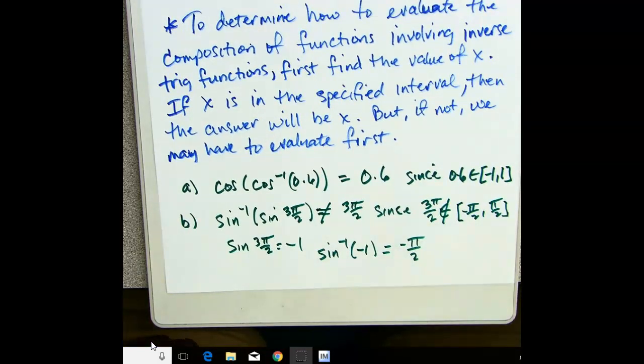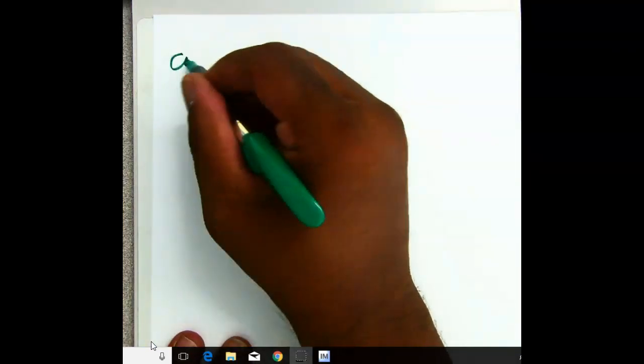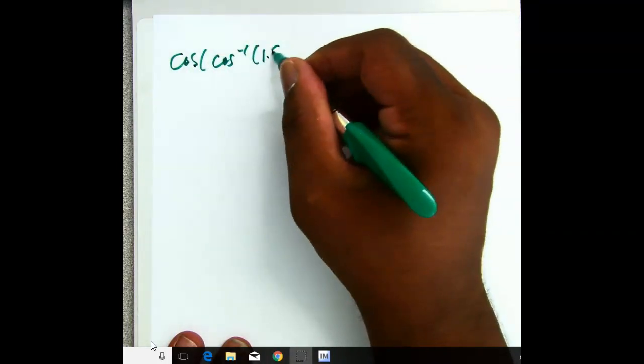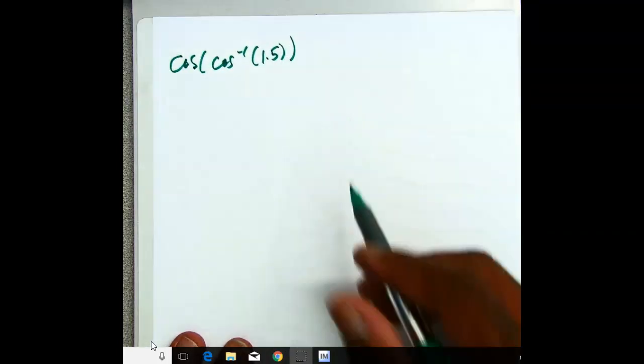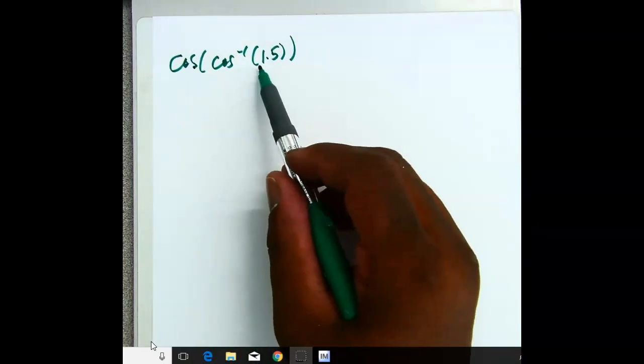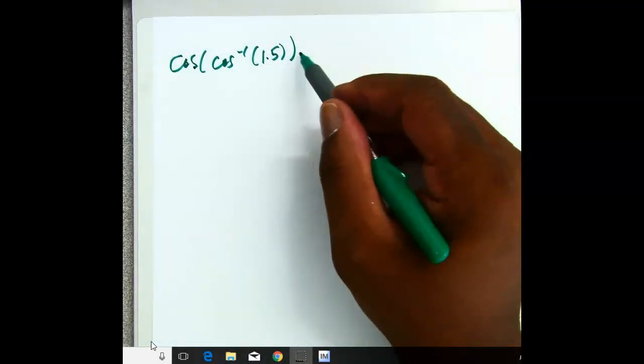Okay. Let's try a couple more. So take a look at the next example. Cosine of the inverse cosine of 1.5. Okay. So here, we remember that the inverse cosine is valid between negative 1 and 1.